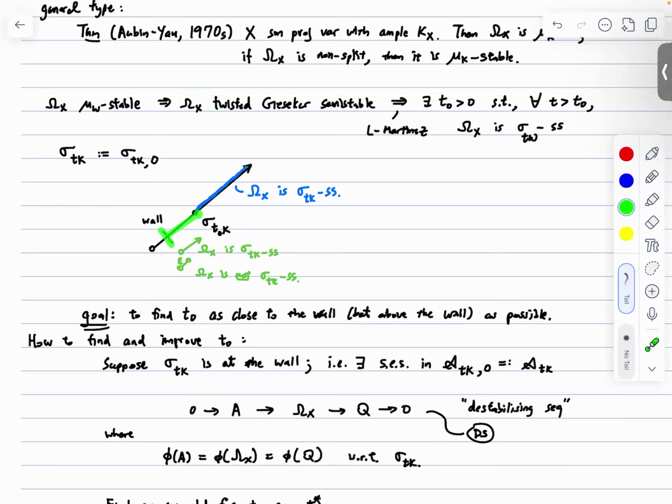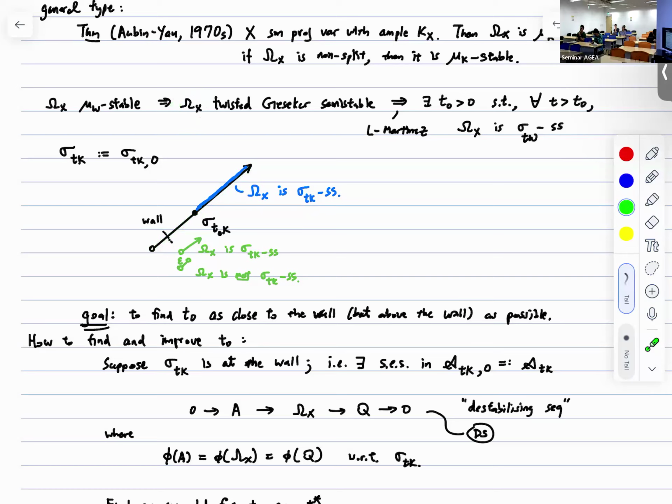You will know above this wall, the cotangent bundle is Bridgeland semi-stable, and a little bit below this wall, it is not Bridgeland semi-stable. If you work a bit harder, you can potentially show that everywhere below this wall the cotangent bundle is not Bridgeland semi-stable. Then within this one parameter family, you know everything about the Bridgeland stability of the cotangent bundle. Right, I see.